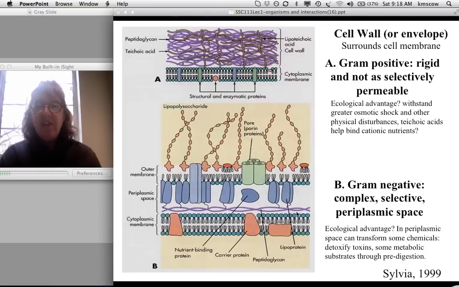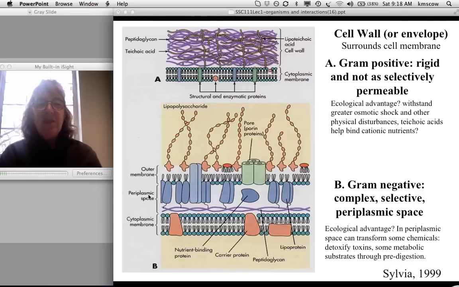The gram-negative is quite different. It has a very thin peptidoglycan layer. Again, you can see it outside of the cytoplasmic membrane, but then in addition, it has an additional membrane that is the outer membrane, and a gap in between the cytoplasmic membrane and the outer membrane called the periplasmic space.